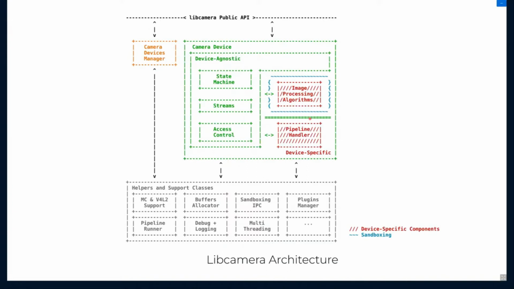Another thing is image processing algorithms, which is also very device specific. And this is shown in a blue kind of box, which shows the sandboxing, because image processing algorithms, or 3As as we talk, are very vendor specific, and vendors might need to protect that core IP.